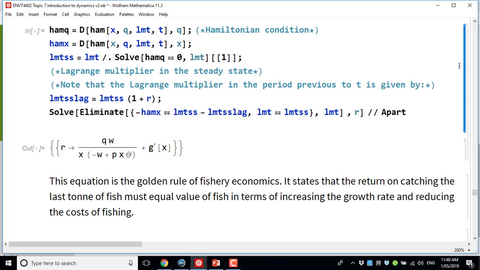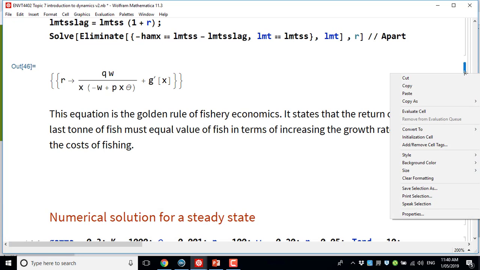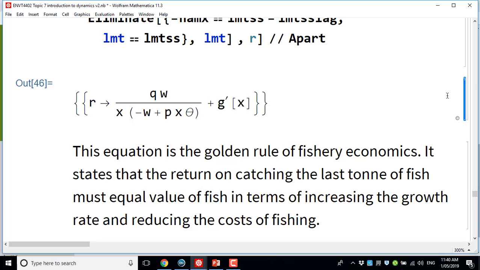But if we just evaluate that, what you end up doing is you solve for the co-state and the Hamiltonian condition, so you get the optimal level of catch and the optimal level of stock, and that is related to the discount rate.